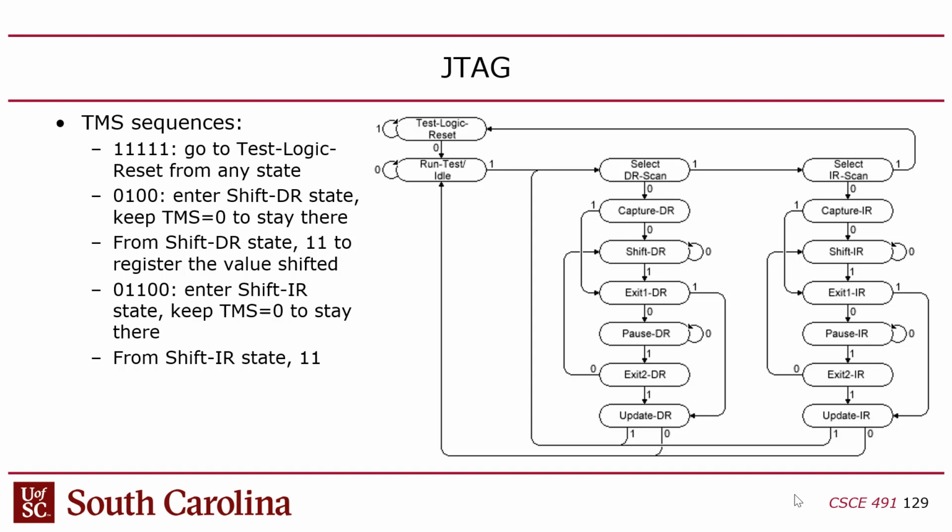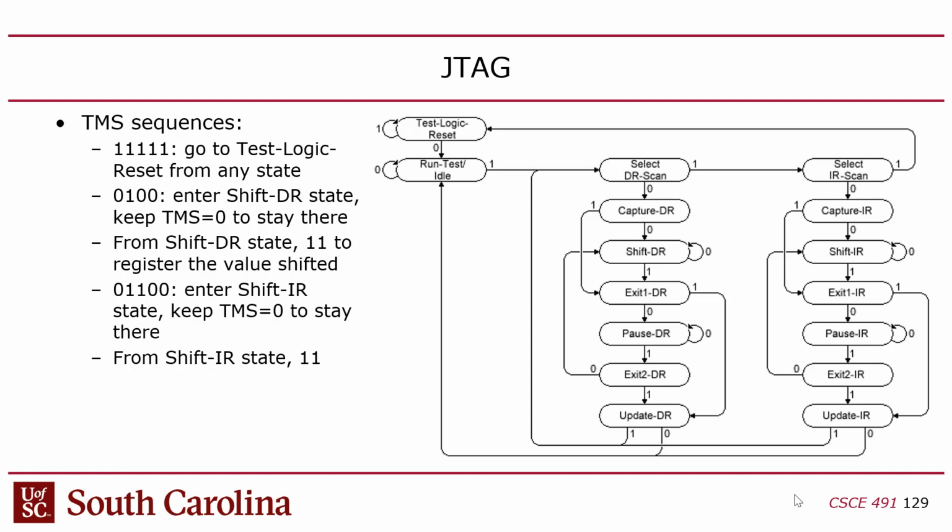Now you might say, whoa, wait a minute though. How do you know you started in the test logic reset? How do you guarantee that that's the start state? Is there a reset on this thing or something? No, there's no reset, but if you set the test mode select to 1 for at least 4 cycles, it's guaranteed to return back to that no matter where you started from. So let's say I started from, I'll pick a random state.